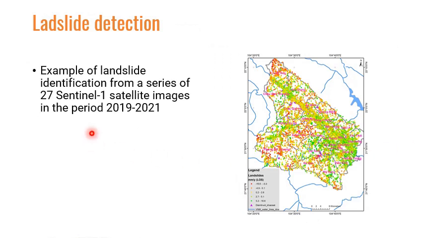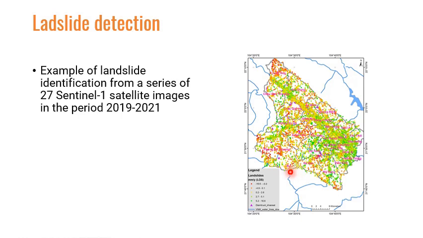The other example is landslide detection. Here is an example of landslide using a time series of 27 Sentinel-1 satellite images from 2019 to 2021 in Yên Bái province of Vietnam.